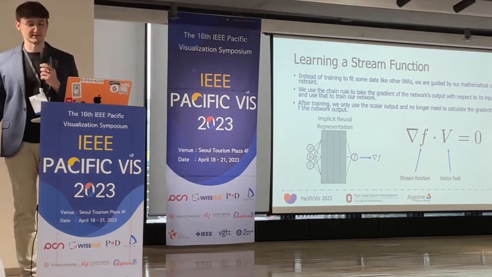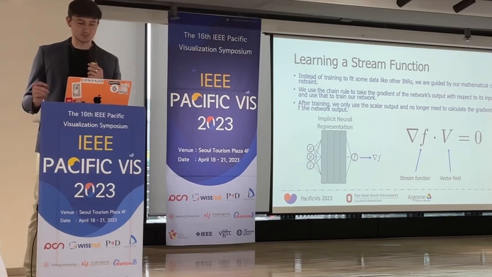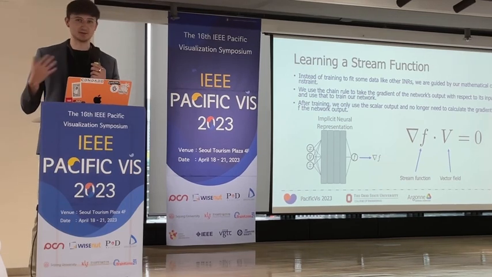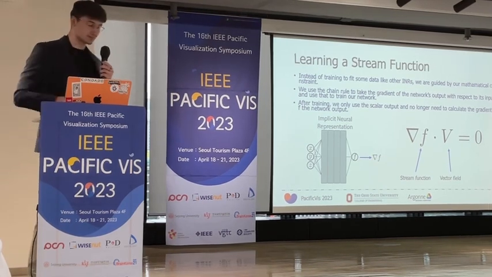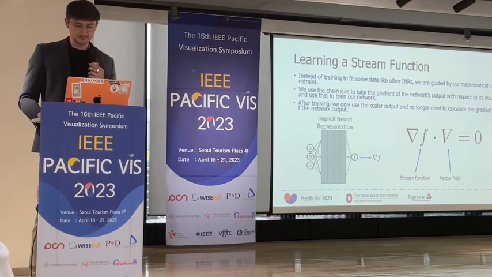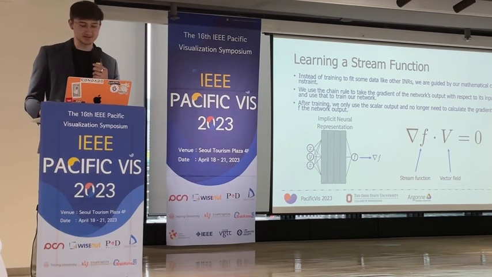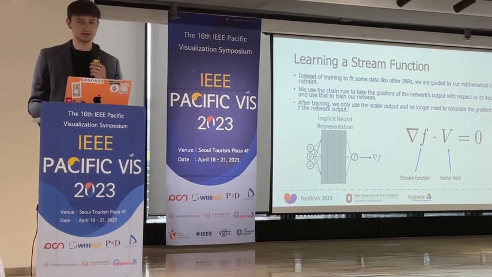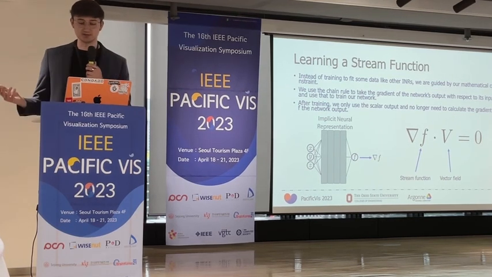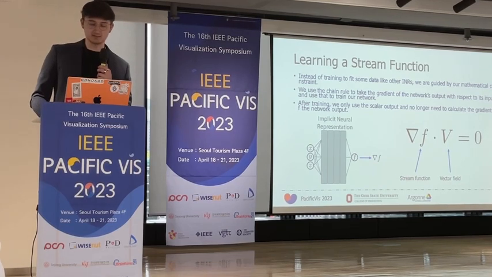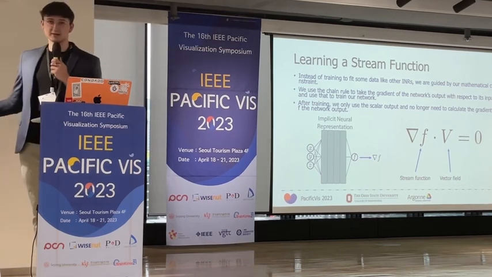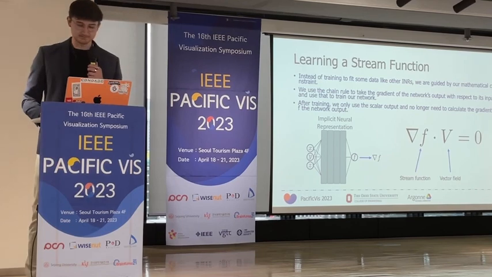We only care about the gradient because we don't know what the scalar should be. We only know the gradient should be orthogonal to the vector field. And this is the biggest fundamental difference between our work and other INR PVIS works, is that we only use this gradient of the network instead of the general scalar output of the INR.